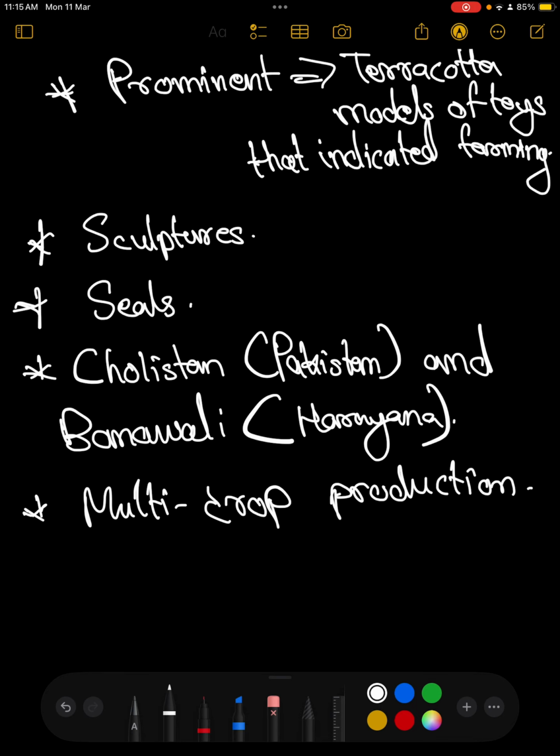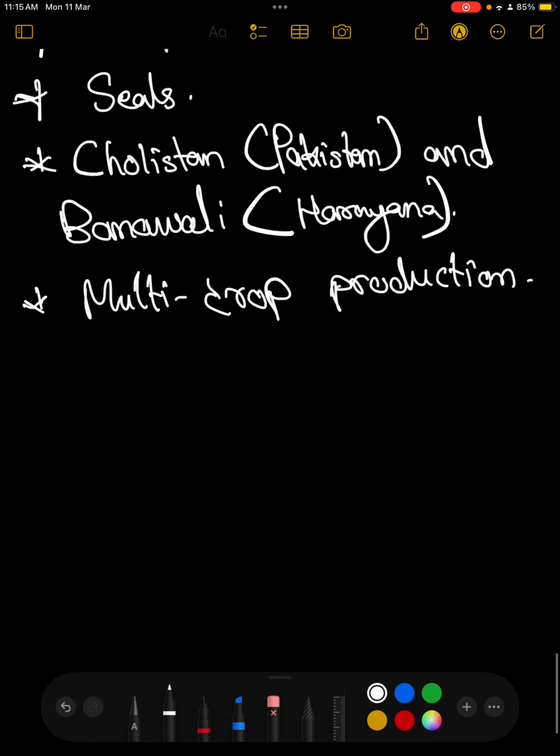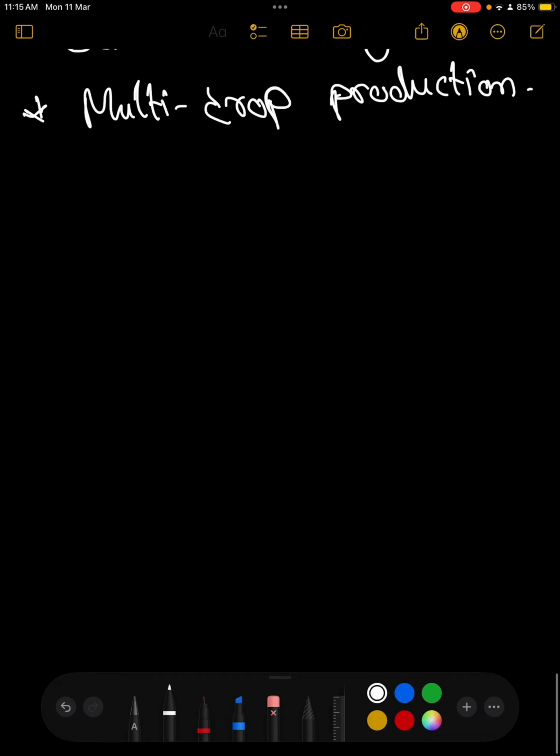Secondly, sculptures also indicated it. Thirdly, seals also had drawings that depicted farming as a lifestyle. Most importantly, we receive these terracotta models from Cholistan and Banavali mainly, and they also indicated multi-crop production. Now we need to understand how they used to cultivate it.